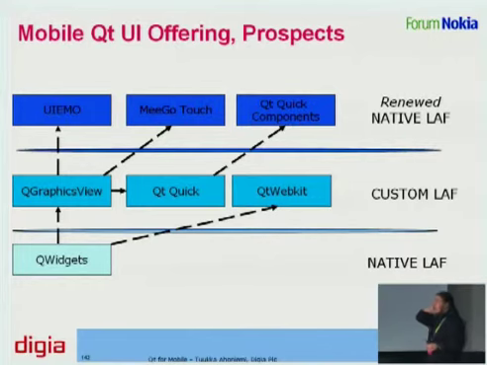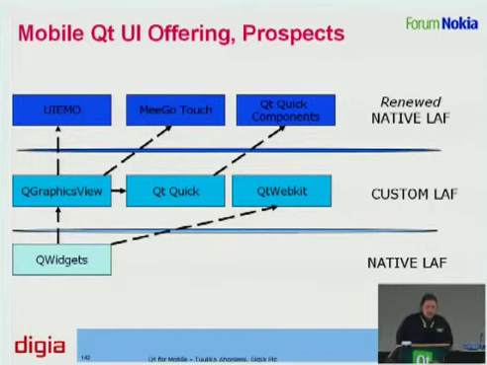And apparently those components will try to imitate the native look and feel of MeeGo Touch and so on. But Qt's not going anywhere. The engine side has the same APIs. No changes are going to happen there, except for new additions.